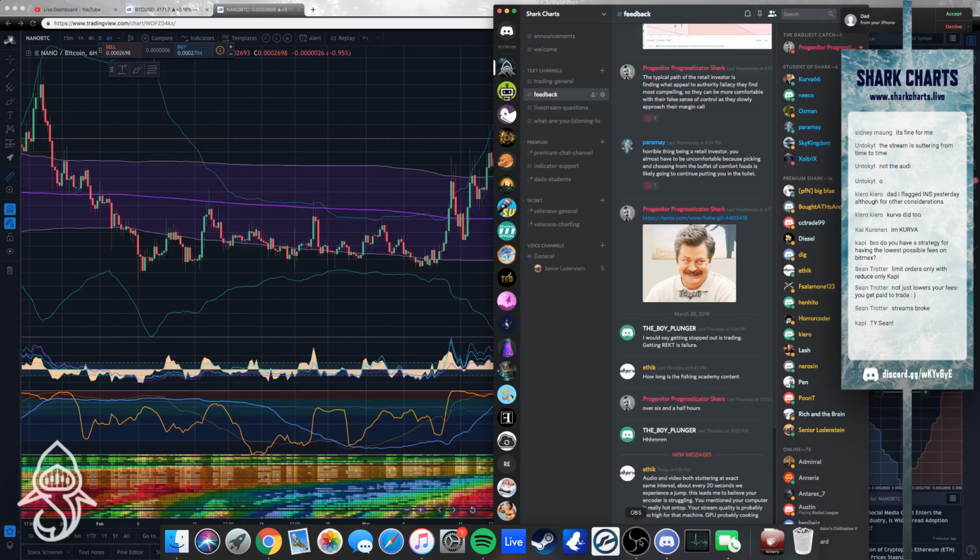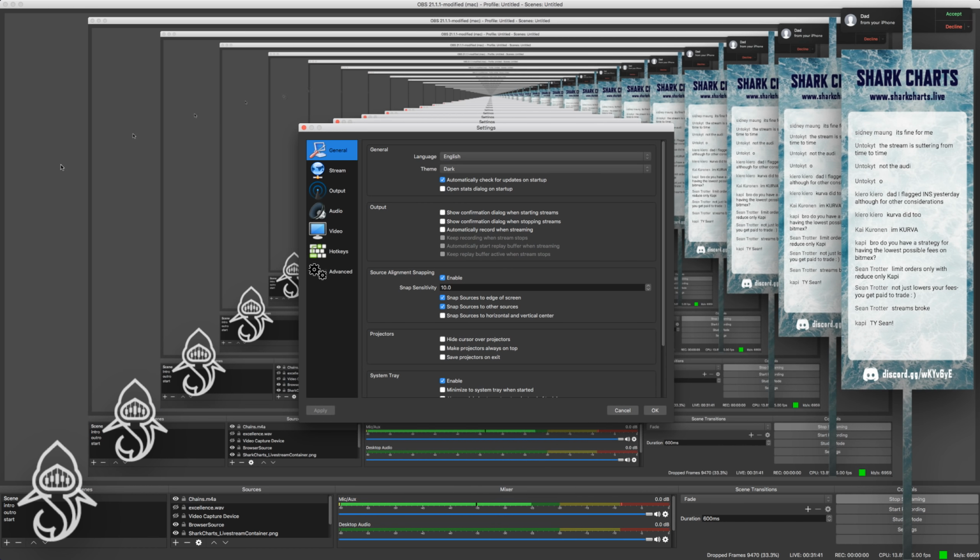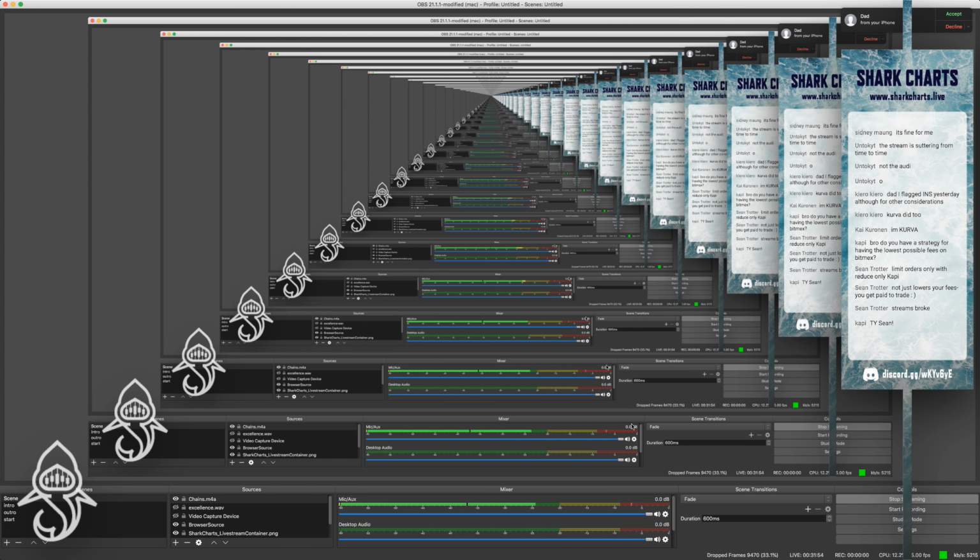My GPU's fine, dude. GPU's at 11%. Like, I'll change the bit rate if that helps you, but you know, actually, I'm getting full bit rate. It was probably just my internet, because I actually need the technician to come in, because right now I'm not dropping any frames.